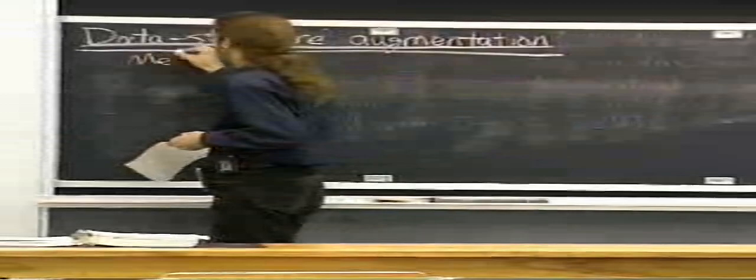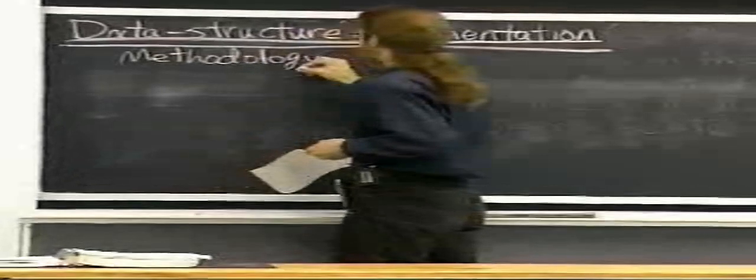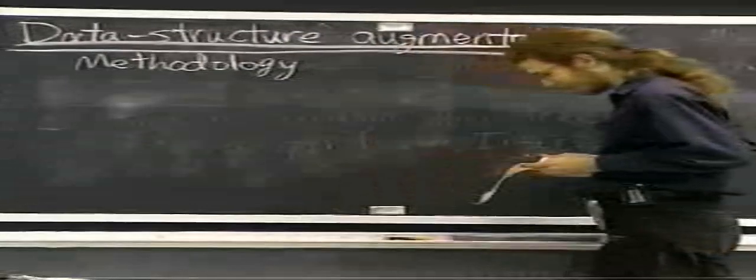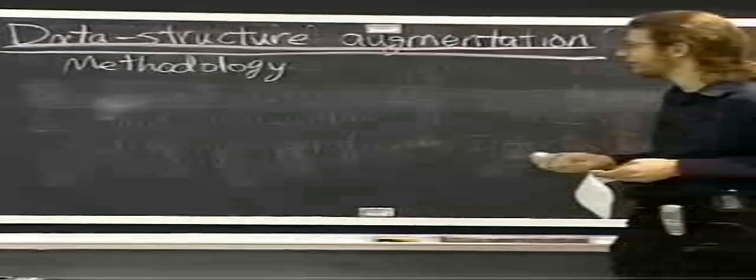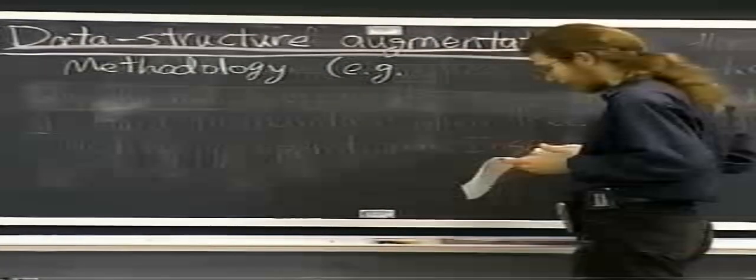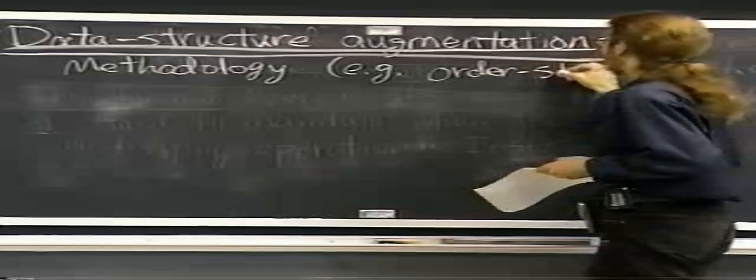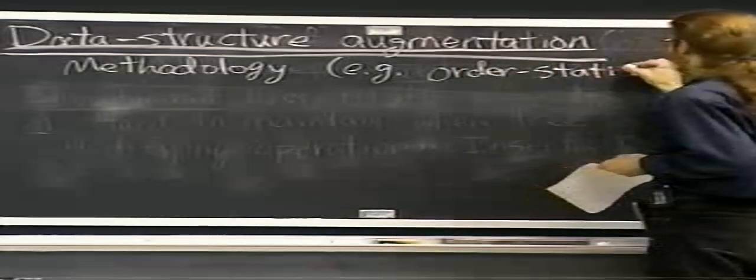Okay, let's call it a methodology. It sounds cool. All right. Long words. Good polysyllabic word. Okay, and as we run through the methodology, I will put in parentheses the example that we've just seen. Okay, order statistic trees.